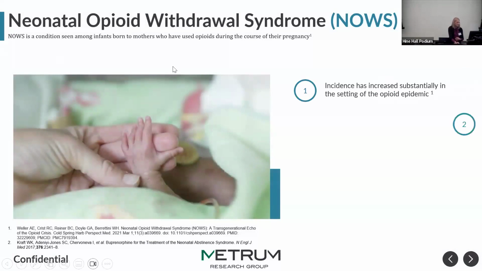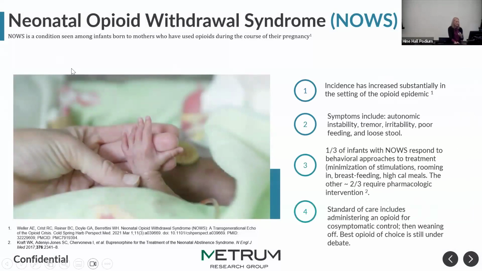And our problem that I'll be talking about today is neonatal opioid withdrawal syndrome. This is when infants are exposed in utero to opioids, and then they're born undergoing withdrawal from opioids. So this is very sad, and the incidence has actually increased substantially, as you can imagine, in the setting of the opioid epidemic.